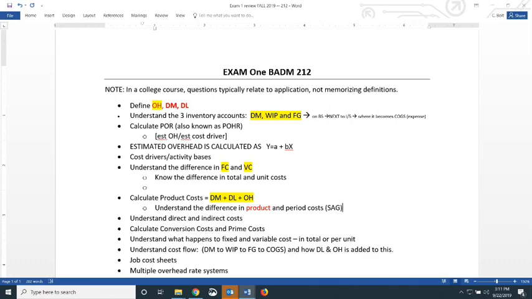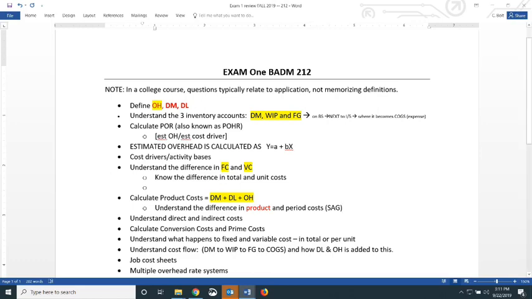The selling costs would be advertising or sales commissions, or admin might be human resources cost related. General expenses might be something related to the IT. It just depends on how they're classified. But they are not associated directly with the product or even indirectly with the product like overhead.